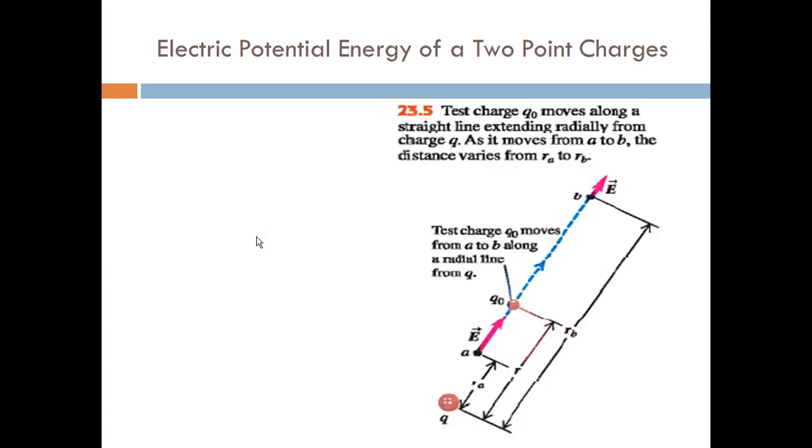Now, what if instead of having two parallel plates as the source of your electric field, your source of the electric field is a single point charge? So the question is, how do we now compute for the associated electric potential energy and work done?